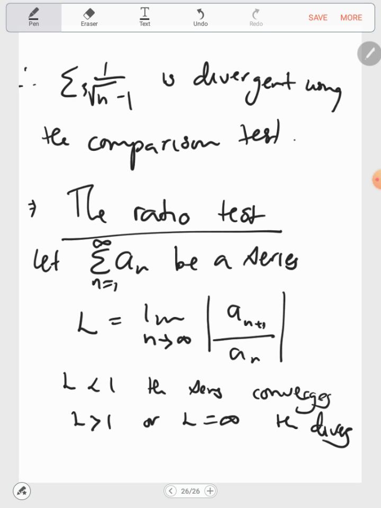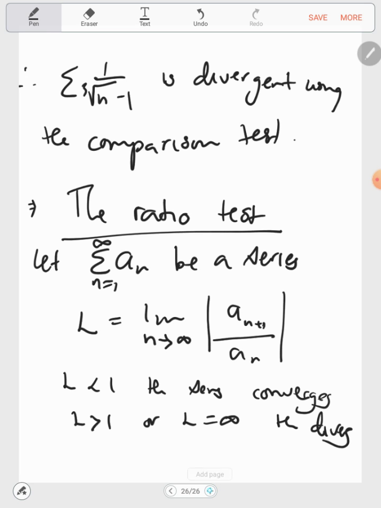And if L is equal to 1, we cannot say anything about the convergence or divergence of this series. Okay, so this is the ratio test. There are some examples from the module which we can follow.